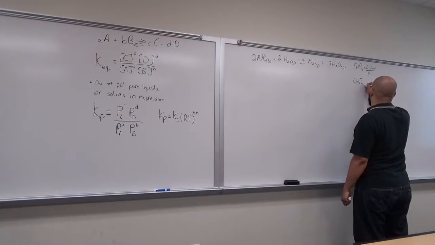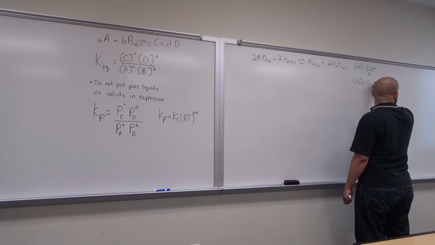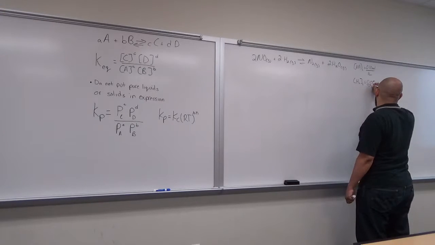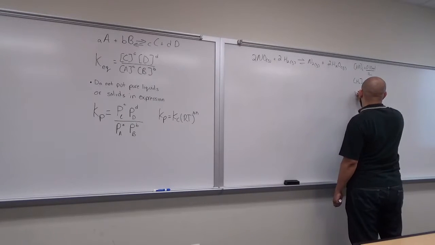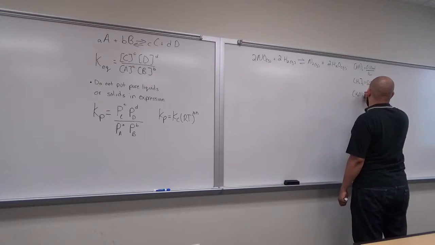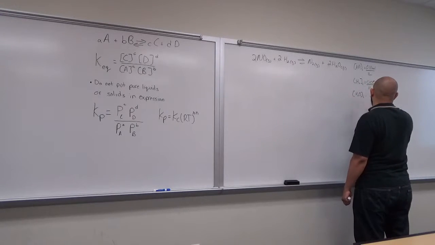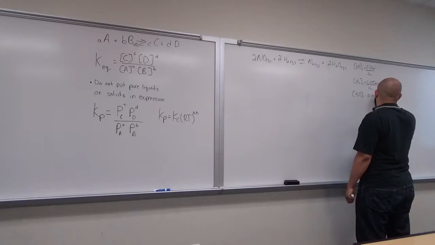H2 initial is equal to 0.05 moles over 1 liter. H2O initial is equal to 0.10 moles over 1 liter.